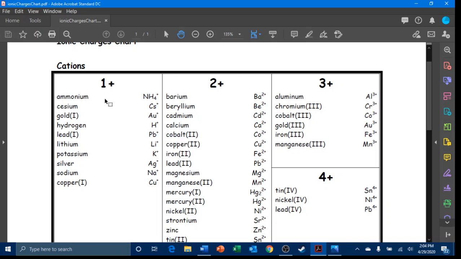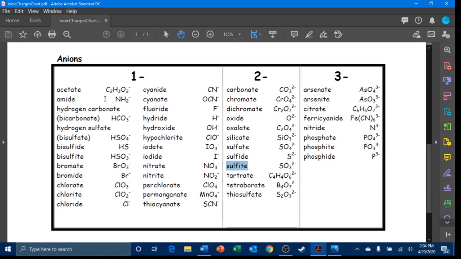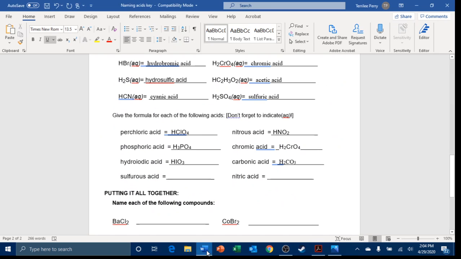It has a positive 1 charge hydrogen ion. So sulfite, SO3, 2 negative, is going to be H2SO3.